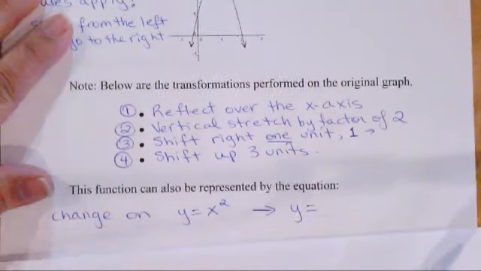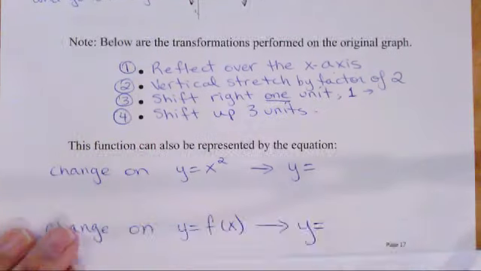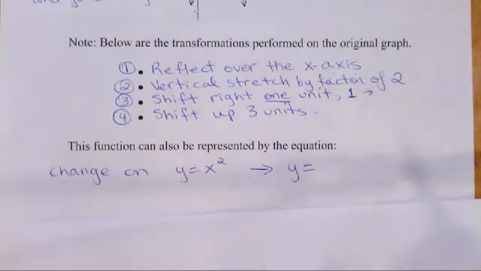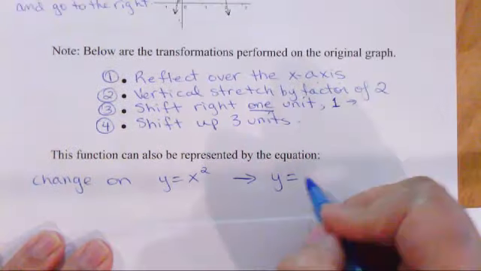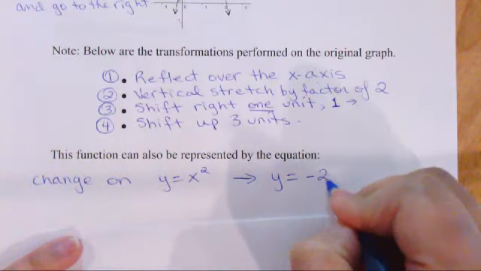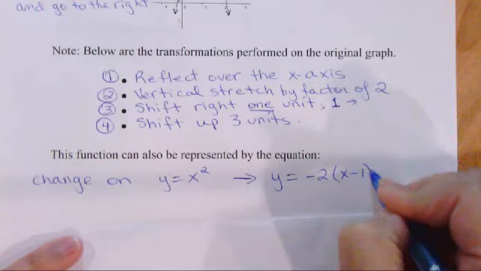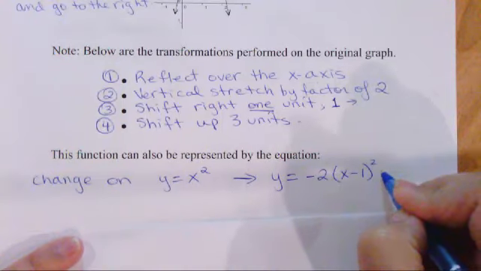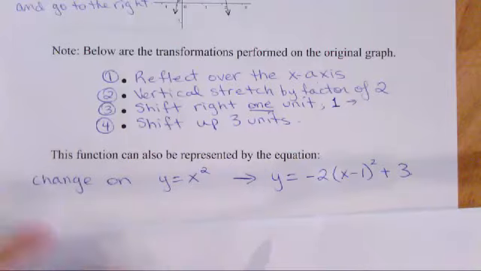So now we have our change on y equals x squared, and just above on the paper we were given this. That's what the change looks like when it's done on x squared.